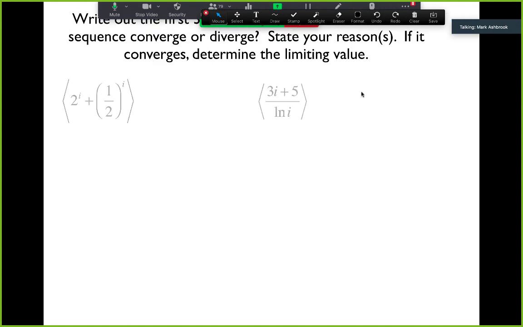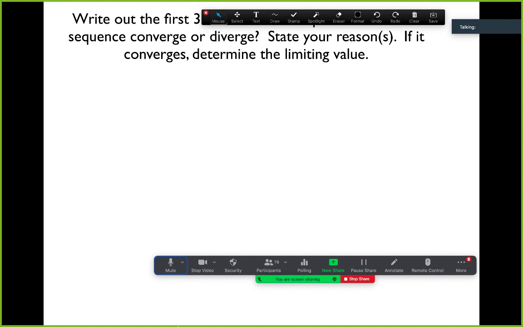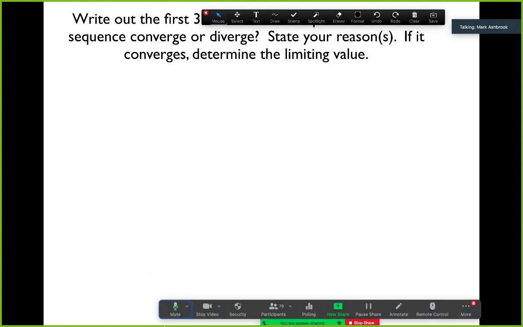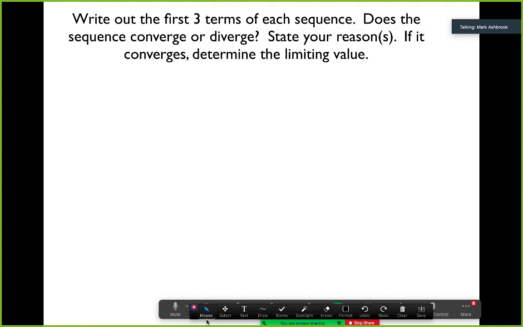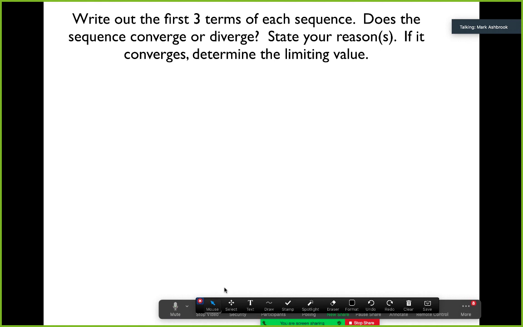So we're going to write out a couple terms of each sequence. When we get into this stuff about determining convergence and divergence of sequences, we don't want to lose sight of the fact that a sequence is still a list of values. That's always the first thing: a sequence is a list of values.